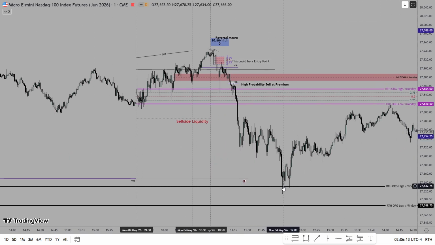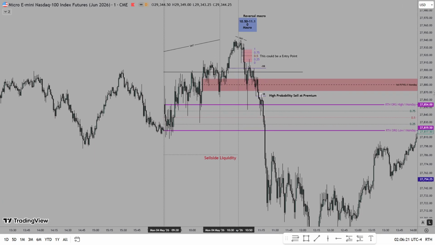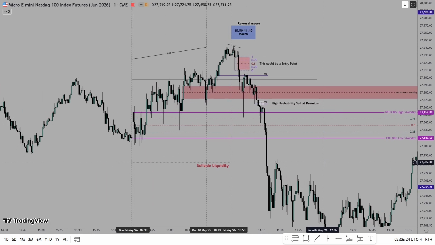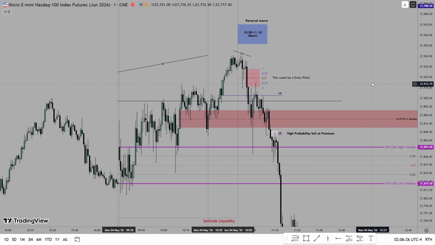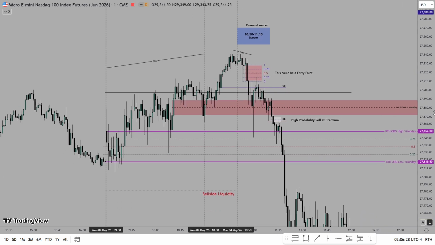Price traded there, respected the area and started moving higher and higher because price is at an all-time high and super bullish. That is the reason behind it. So that is how we can anticipate the selling on Monday.